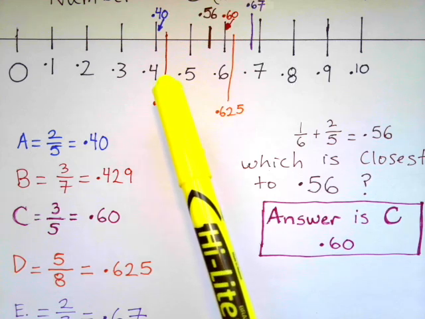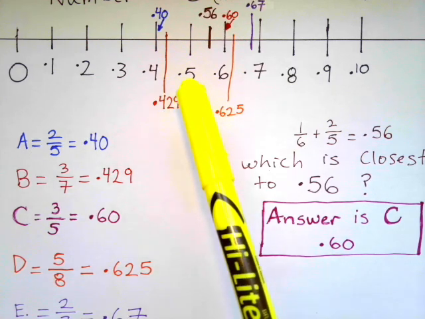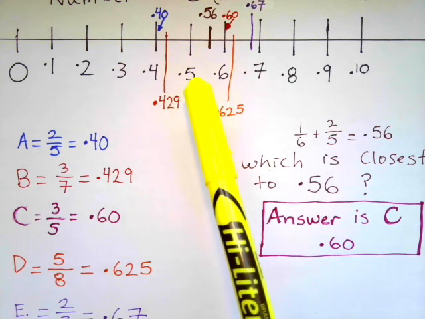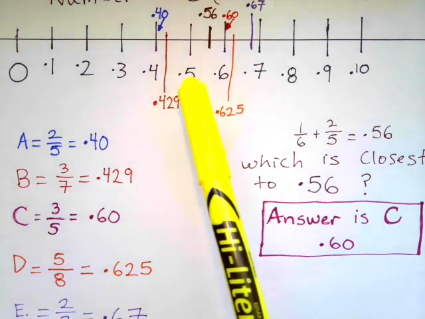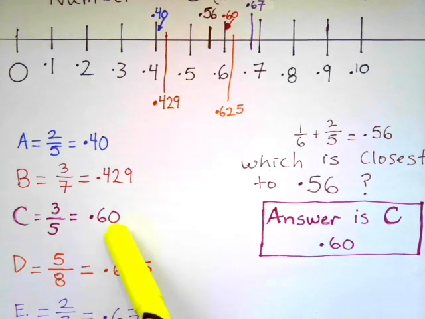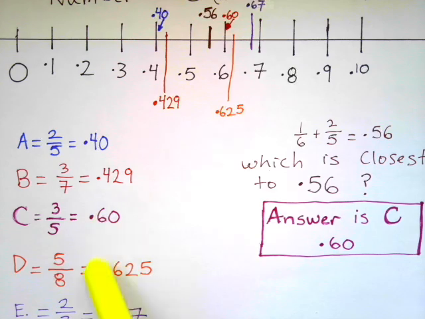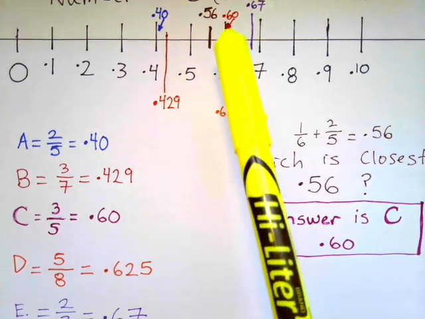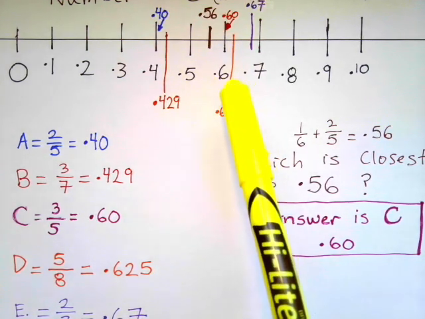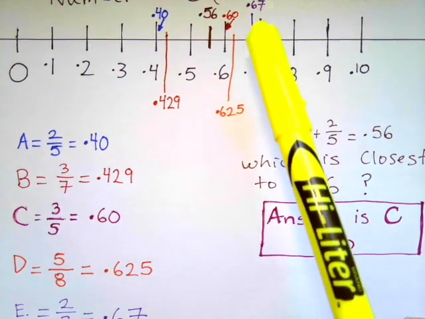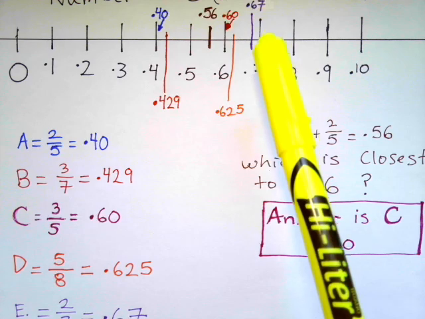It's just a little over 0.4 and a little less than halfway up to 0.5. C is 0.6, we can see here. We have D at 0.625, that's just a little to the right of a value of 0.6. And then E 0.67, you can see here, is just under 0.7.